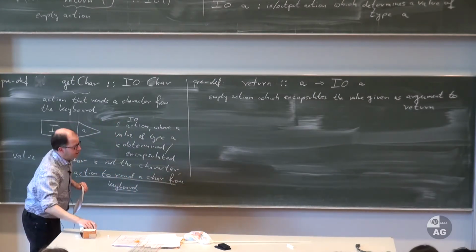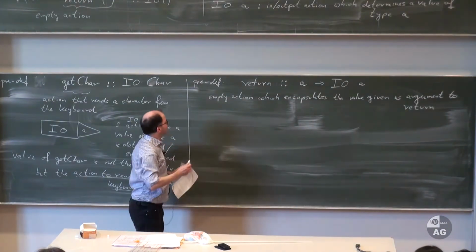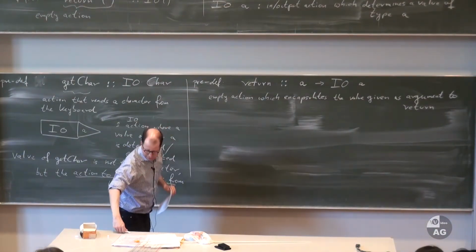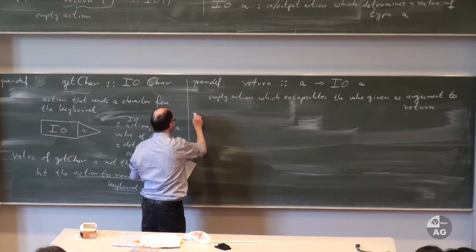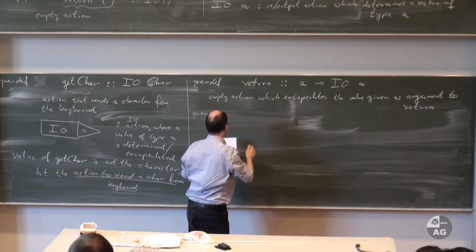And also this function then, which we can use to glue actions together, in reality has a bit more flexible type. This predefined function then in reality has the following type.